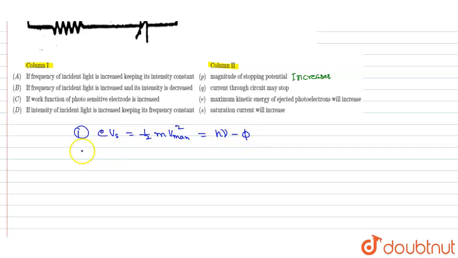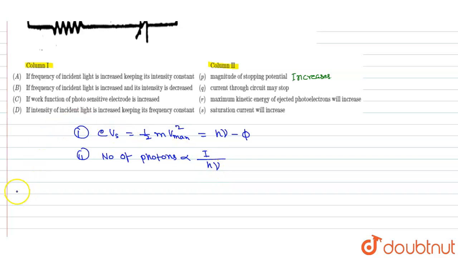And the second relation we can use: number of photons is directly proportional to intensity and inversely proportional to h nu. Now, on the basis of these two relations, we have to answer the question.